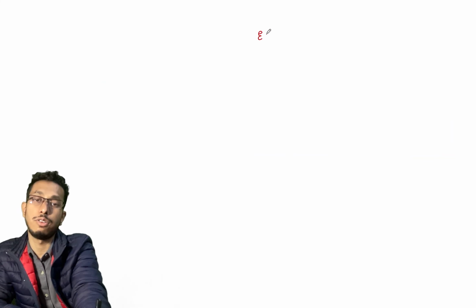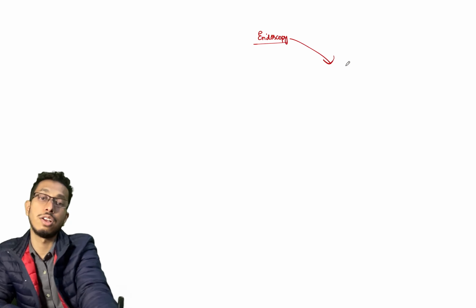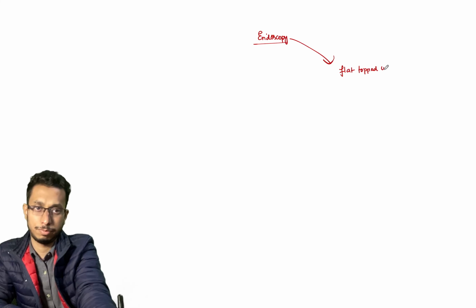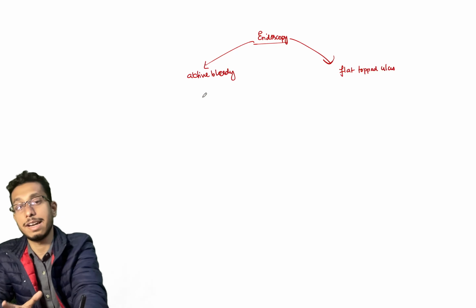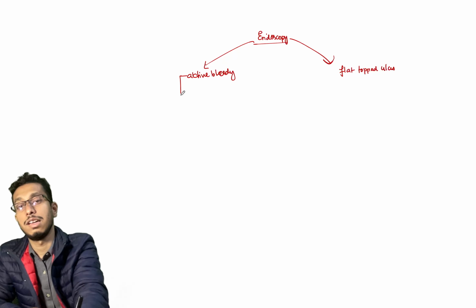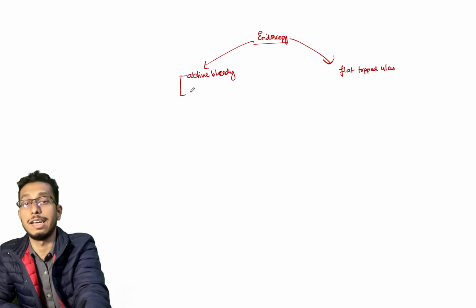Okay, coming to the management part. So once again, what can we see in endoscopy? In endoscopy, we can get a normal or flat-topped ulcer, active blood, active bleeding vessel, and a non-bleeding visible vessel, meaning a vessel which is not bleeding currently but is dilated and visible, so there is a chance that it can bleed later.